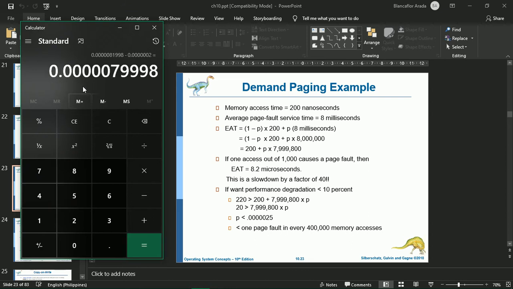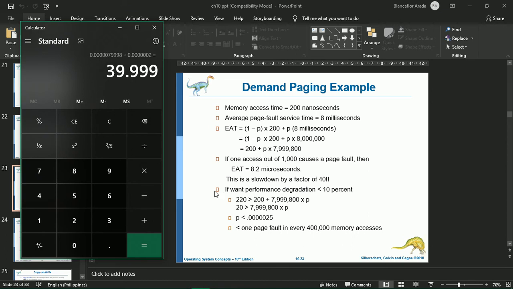After we get this value, we divide it by 200 nanoseconds. So that's why we have 39.99, and this is why it is a slowdown by a factor of 40.